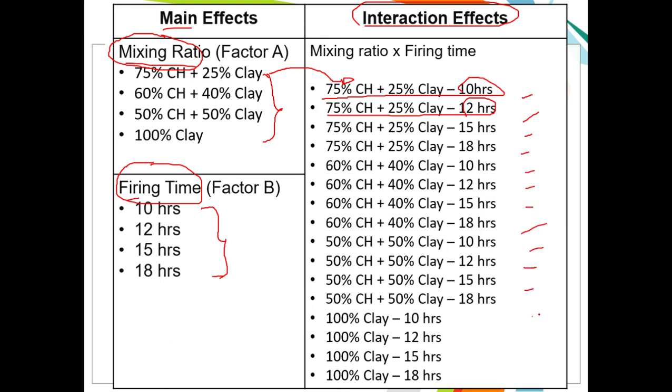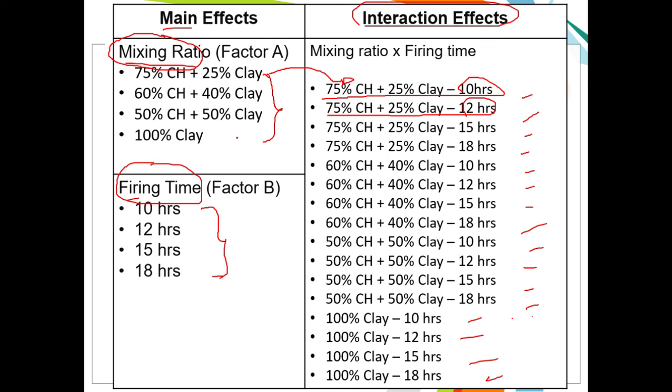So that's too many. That's the disadvantage of two-way or multifactorial designs, especially complete blocks. There are many samples or treatments to prepare. So in this case, how many treatments do we have?